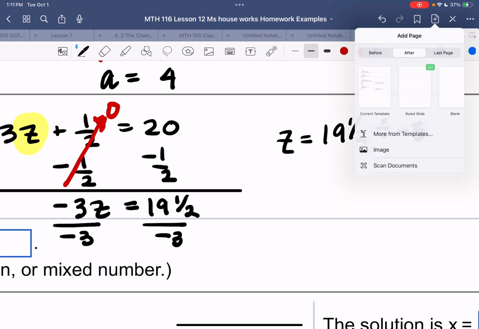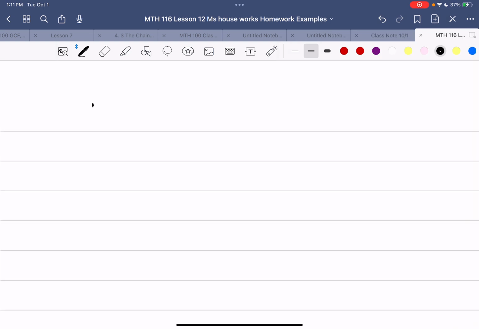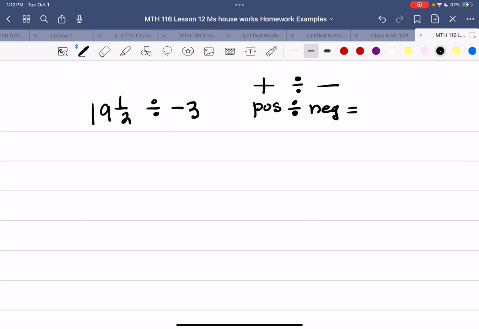So let's take a look at that up close. I have 19.5, and I'm going to divide that by negative 3. Okay. First, I have a positive divided by a negative, and that is going to be a negative. So I know my answer is going to be a negative.